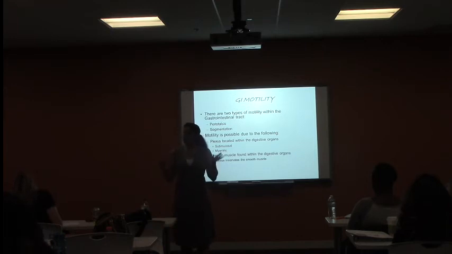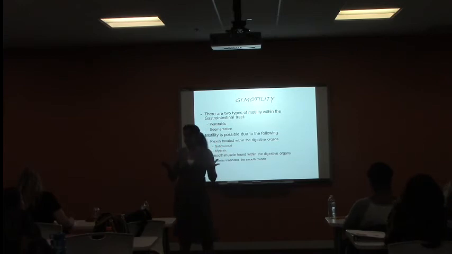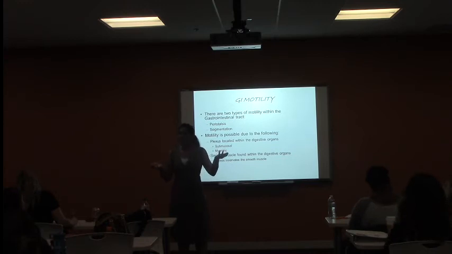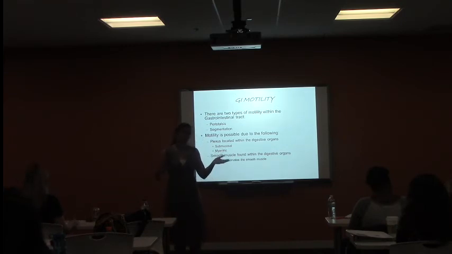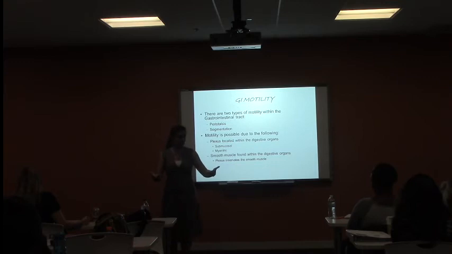Remember, when we're talking about the autonomic nervous system, you have the sympathetic and parasympathetic. They usually work in opposites, correct? What did the sympathetic do to your digestive system? Did it increase it or decrease it? Decrease. And parasympathetic increased it. So these parasympathetic plexus, these ganglions or cell bodies, innervate the muscular layer.